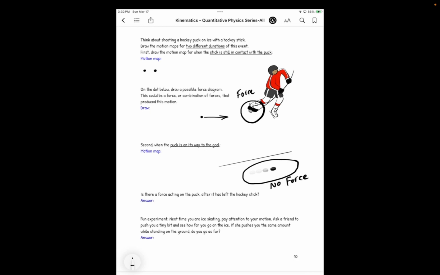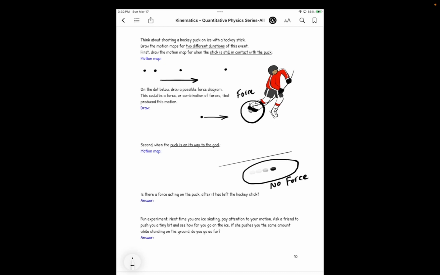Let's say if you apply a force in this direction, how does the motion map look? It would be faster. Yeah, it would get faster and faster. Very good. It would be more spaced out. So I have to draw these as if there is going to be more and more space between them, right? Right. Okay. So the direction of force in this case would be, for example, to the right, right?